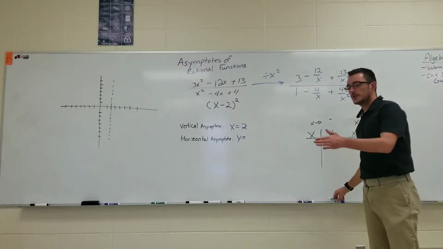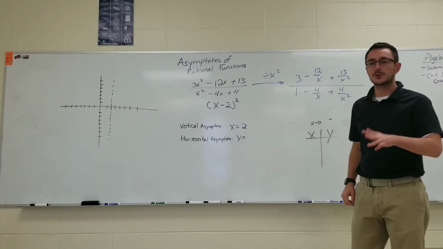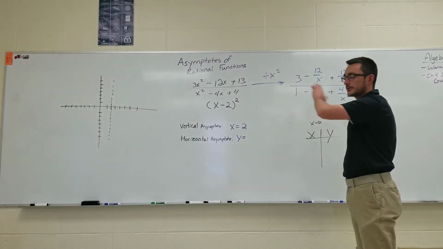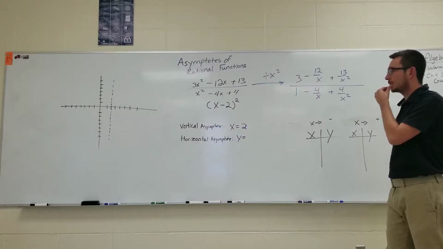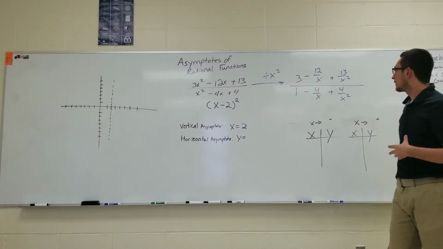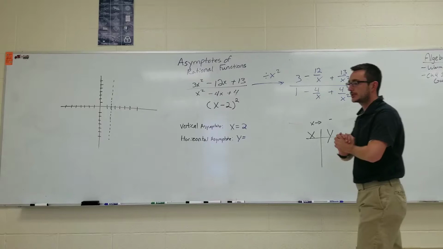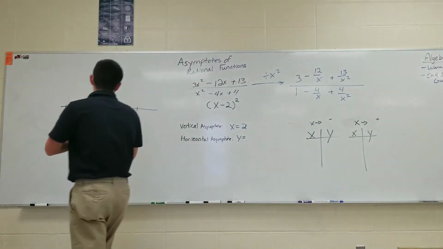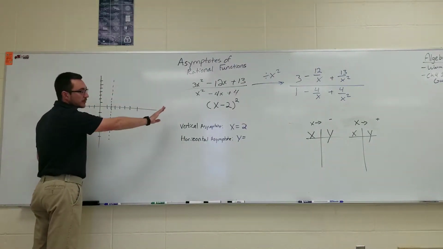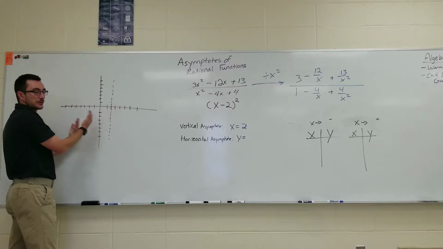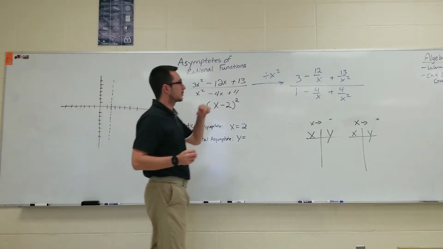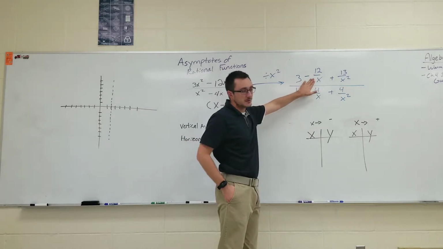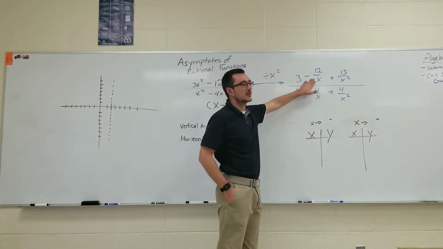So after we simplify all of that, after we divide by x squared through all 6 of those individual terms, we need to think about what's really happening: we're trying to test for really big x values and really small x values, so really far negative, really far positive. Essentially we're plugging in infinity for x.